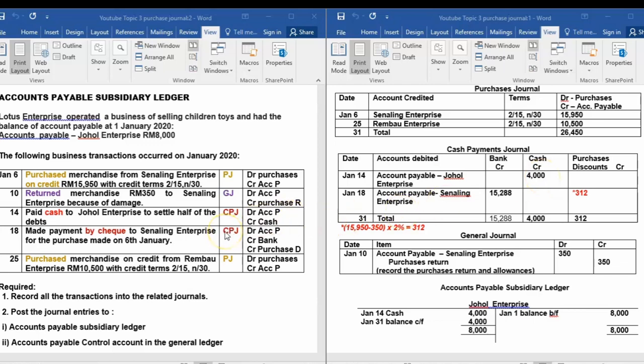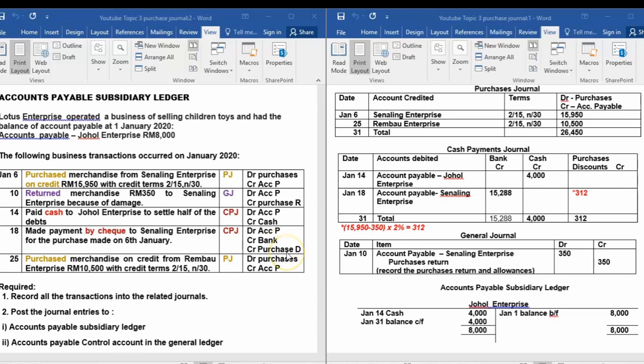The next transaction, 18th of January, make payment by cheque to Senali Enterprise for the purchase made on 6th January. So we have to record in the cash payment journal, debit account payable, credit bank, and credit purchase discount.